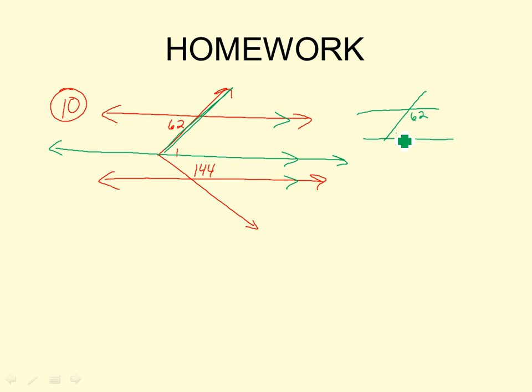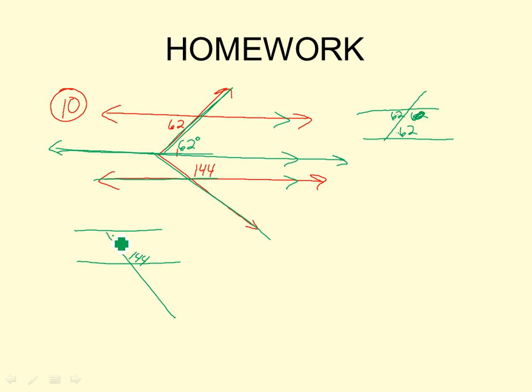And we know that that angle is 62 degrees. I'm sorry, that's the wrong spot. 62 is supposed to be out there. This angle and this angle are alternate interior angles, so that's got to be 62 degrees. That's this top part of angle 1, so we know part of it. Then if we split off these bottom 2 lines and use this as our transversal, we know this angle is 144.